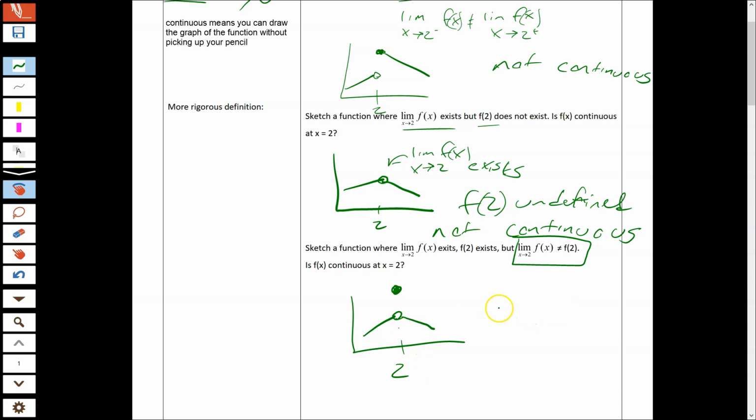And so this right here means my limit is not equal to the function value. This again, of course, is not continuous. Okay? So now we have 3 cases where we know that if something is true, the function is not continuous, right? So either the limit doesn't exist, the function doesn't exist, or the limit is not equal to the function.